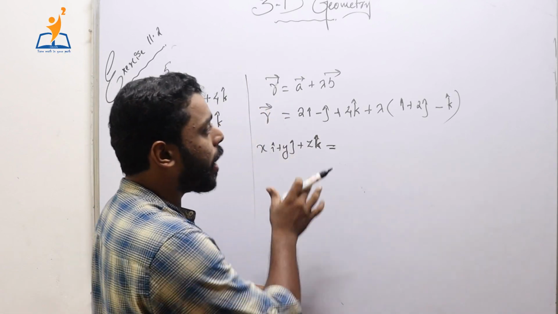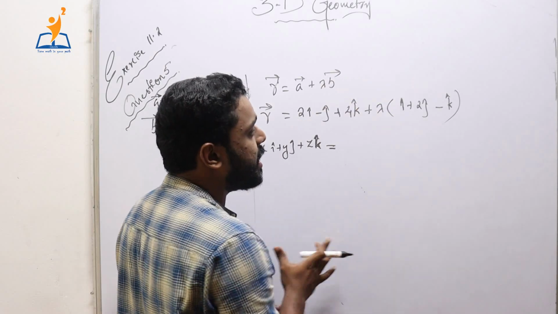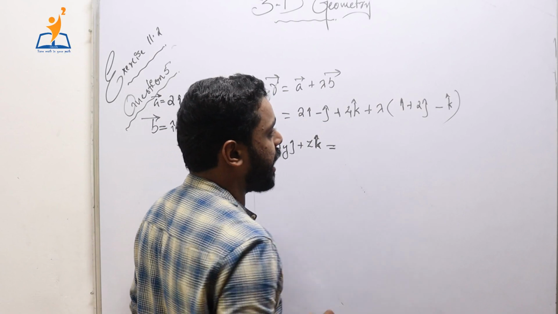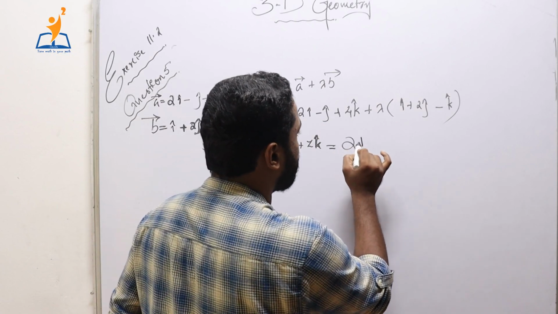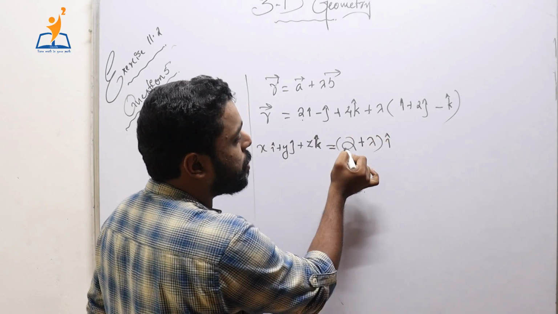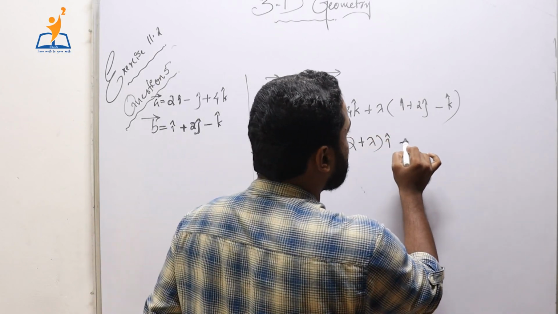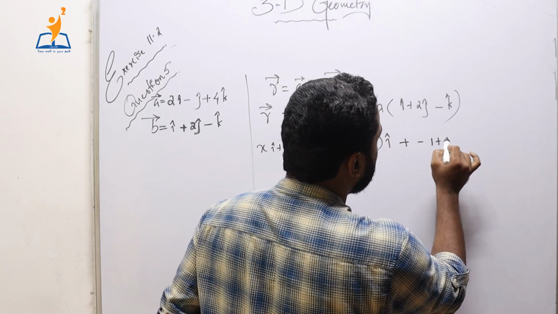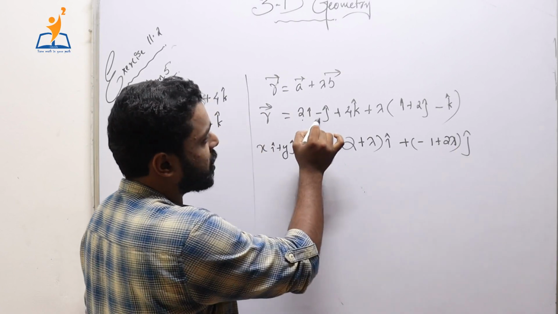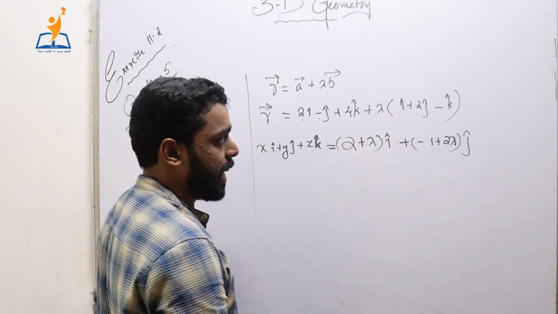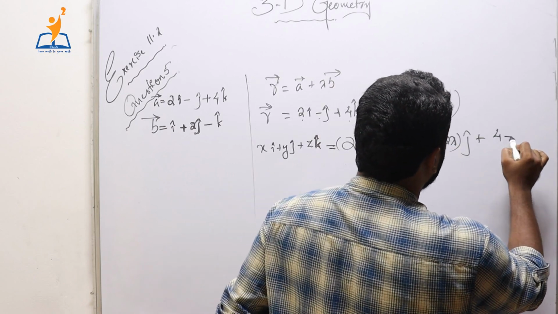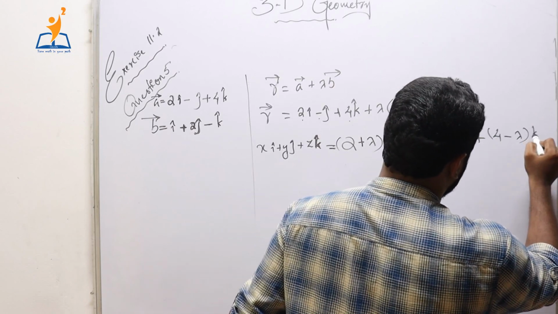It is equal to, now I am going to group the entire right hand side in terms of î, ĵ and k̂. See, the first term is 2î + λî, which means (2 + λ)î, plus (−1 + 2λ)ĵ, plus (4 − λ)k̂.